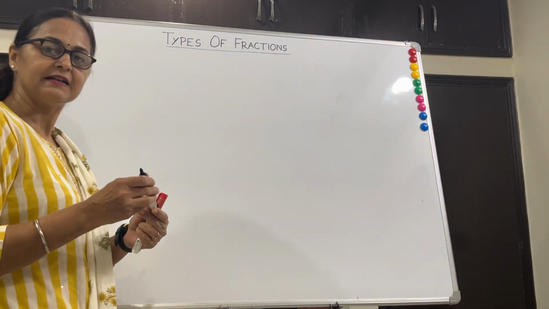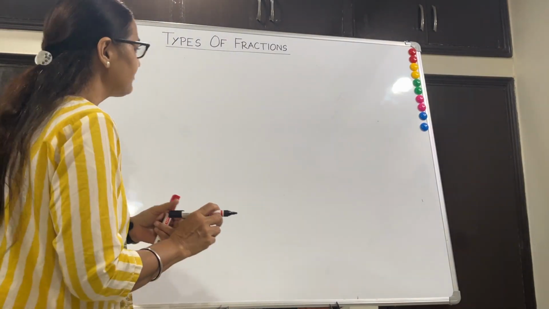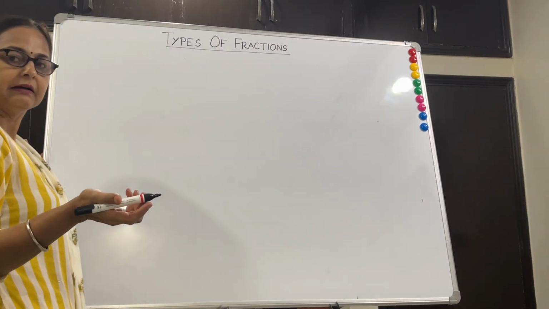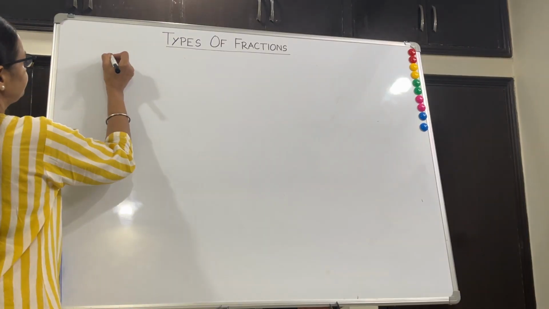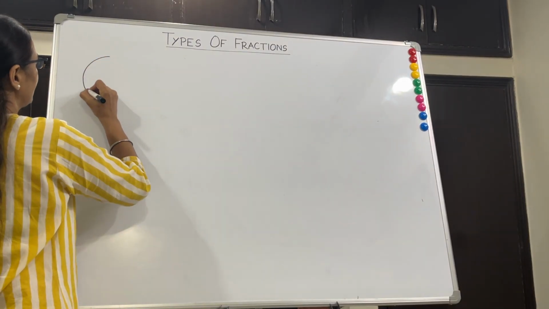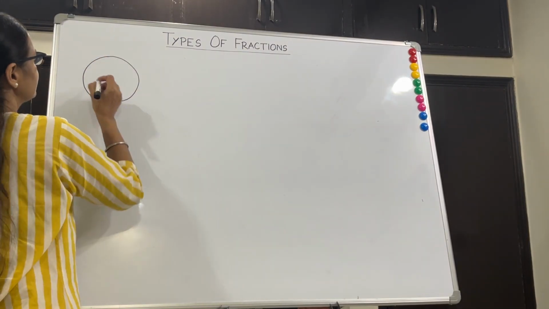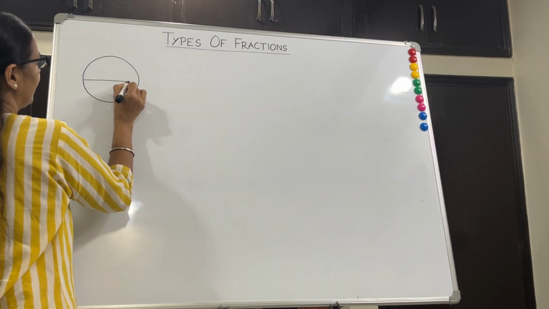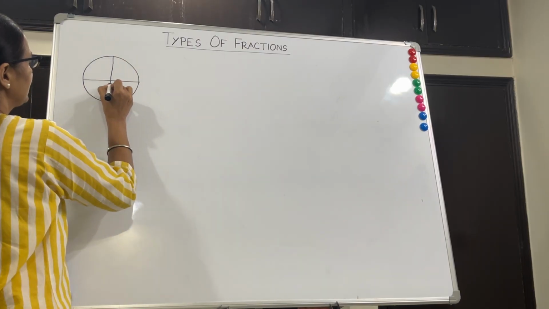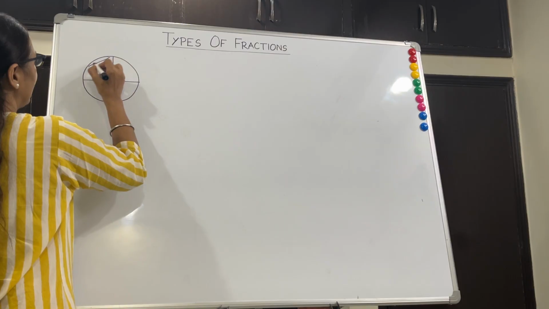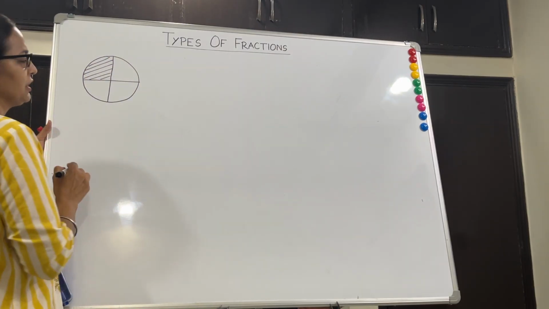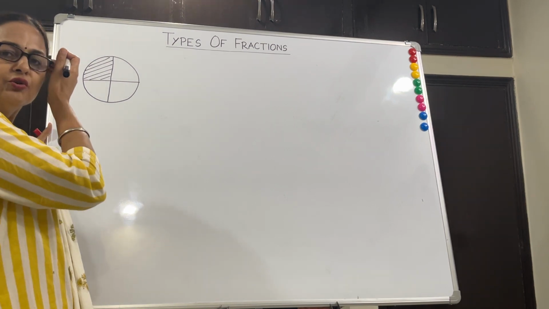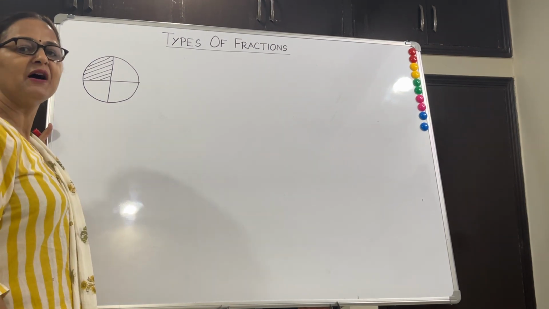Before starting the types of fractions, I would like to give you a quick idea of how to write a fraction. This is a circle. I am dividing it into 4 equal parts and shading one part out of these 4 equal parts. As you all know, a fraction is part of a whole.